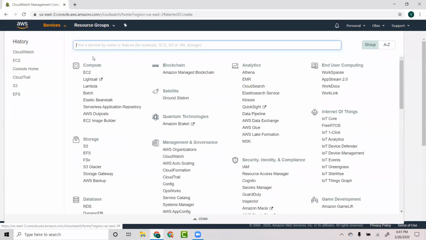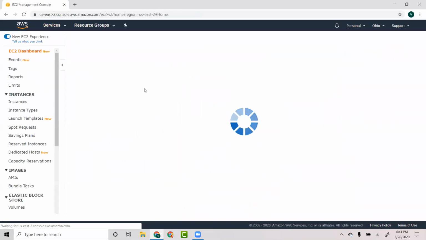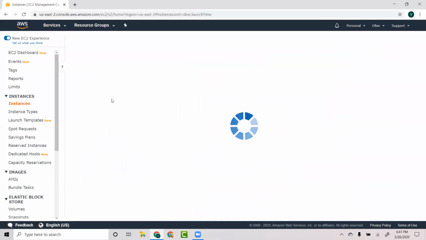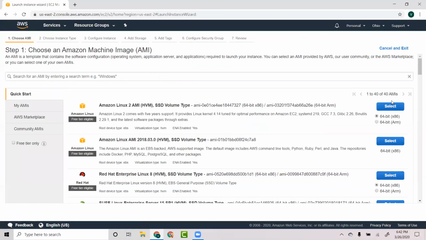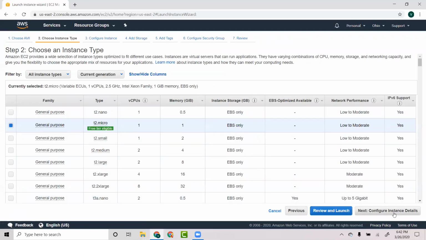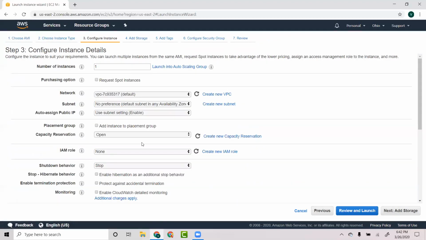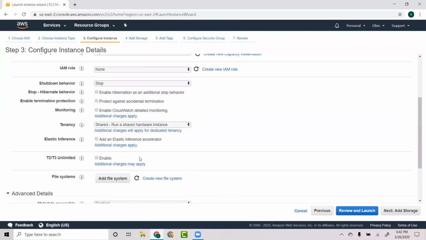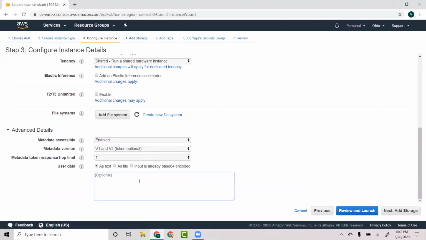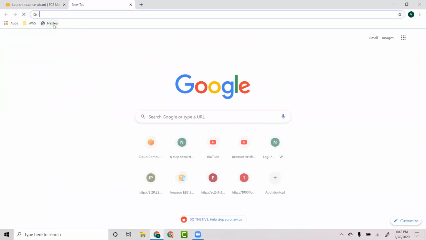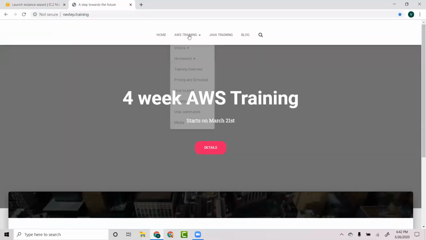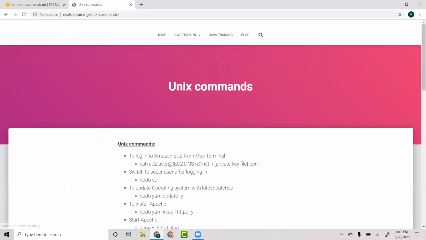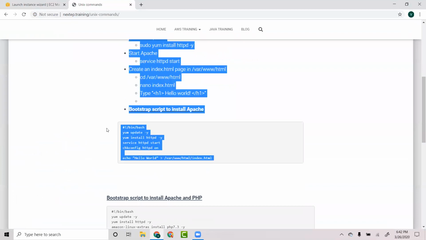Okay, so let me go to EC2. Let me create a new instance. I'll take a simple Amazon Linux instance. Instance details, yeah, I want one. All the standard stuff. I can probably copy paste my Unix commands, the startup script, bootstrap.